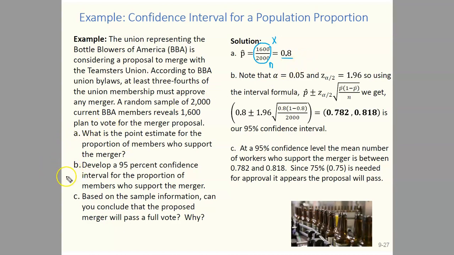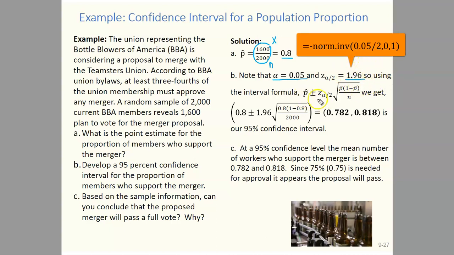Now for Part B, we want to develop a 95% confidence interval. Now in this case, note that our significance level is 0.05, 1 minus 0.95. Our z alpha over 2 value will then be 1.96. You can get that from the table, or you can use the norm.inverse function in Excel, recall.